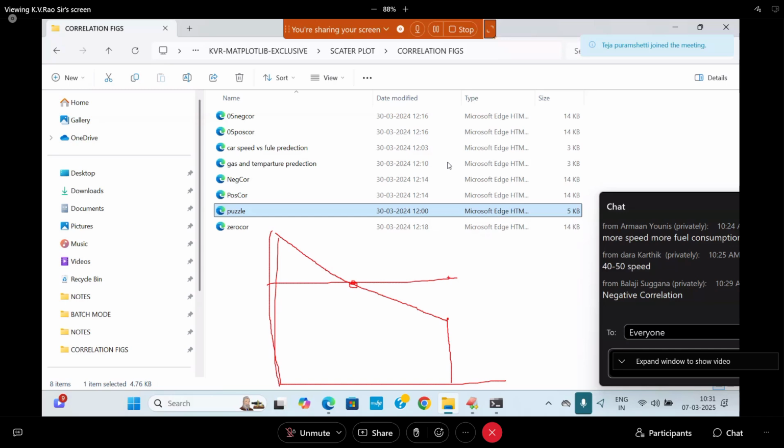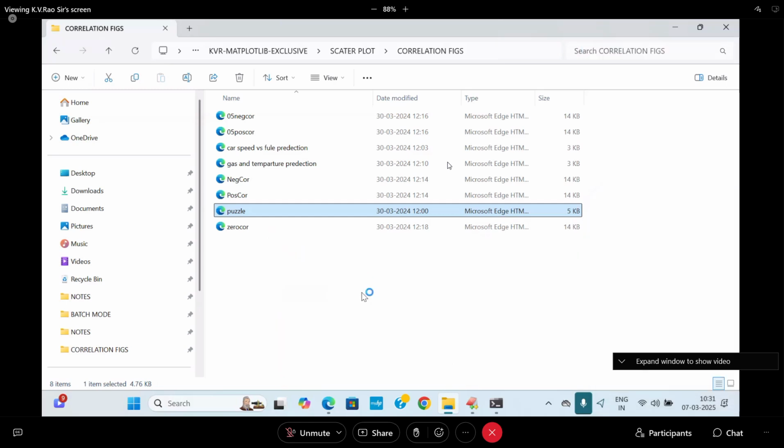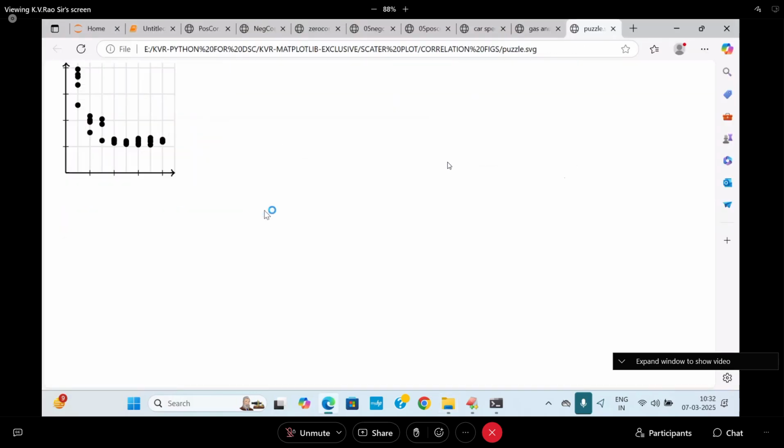So this is going to be called what? During this period, this will be taken as the average puzzle solving time. This middle dot will be taken as the average puzzle solving time. These are all called algorithms you will come across in machine learning. So that's what I'm trying to give at this stage.